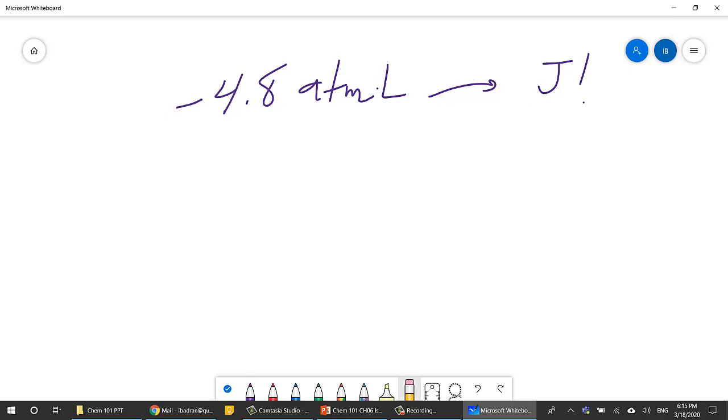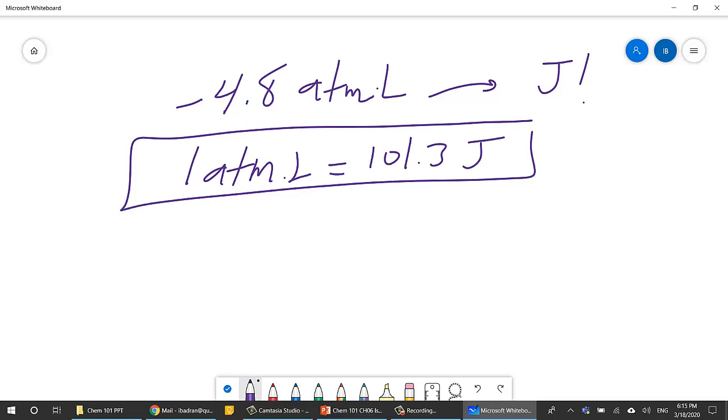So the conversion unit is that 1 atmosphere liter is equal to 101.3 joules. This is the conversion factor between the two. So 1 atmosphere liter is not actually 1 joule. It's 101.3 joules.